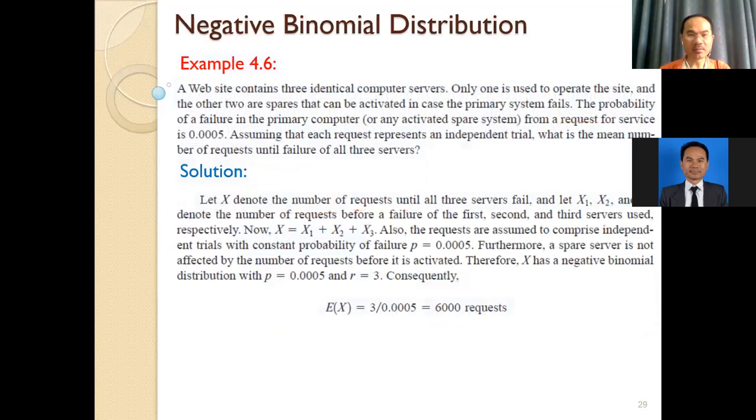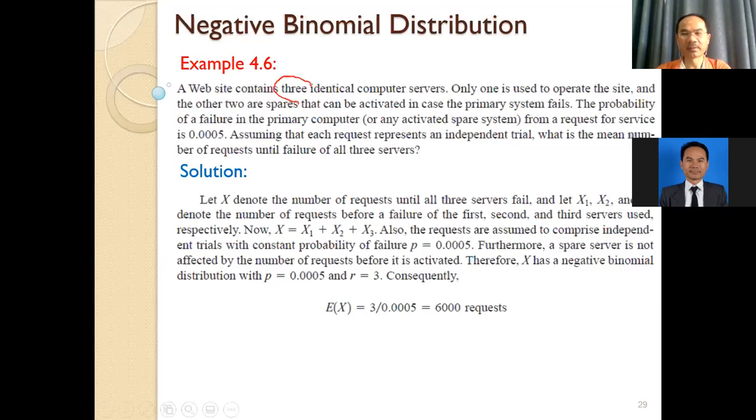Like for this example, we have a website and a computer server. For this case, we have 3 servers, but we use only 1, and 2 are spare, for when the first one cannot be used. You can use the second and the third as spares. When the first one fails, you can use the second one, then the third one instead.